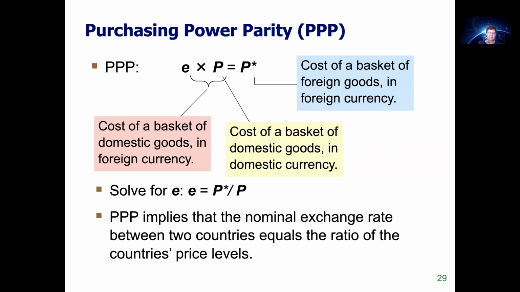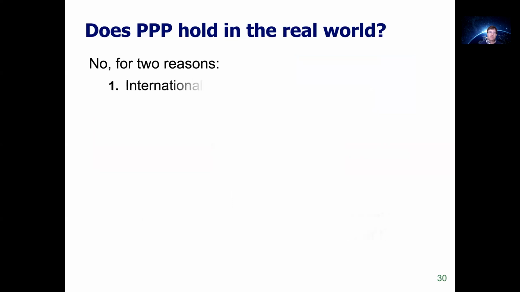If that were true, the nominal exchange rate between two countries would just be the ratio of the countries' price levels. It doesn't hold in the real world because international arbitrage is not easily possible. It's a good question why it's as hard as it is.